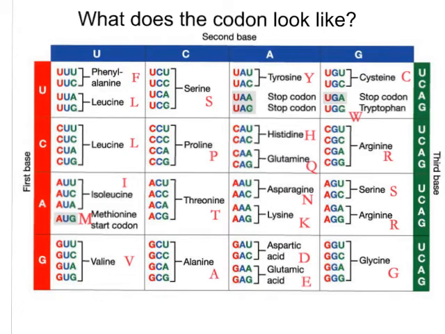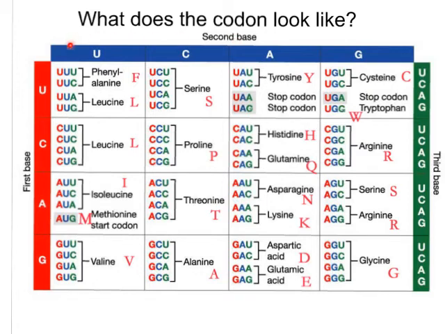Now, don't be afraid of this scary looking table. It might look intimidating, but really it's not at all. It is a table to help you read the codons and know which amino acids they are coding for. So here we have our 4 different possible bases for the first base.